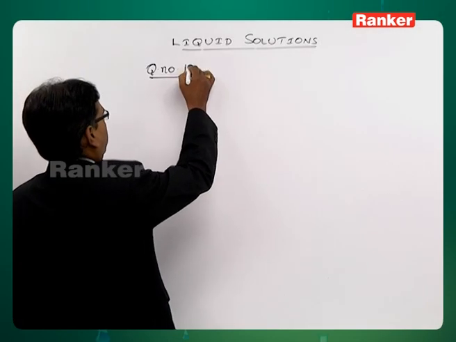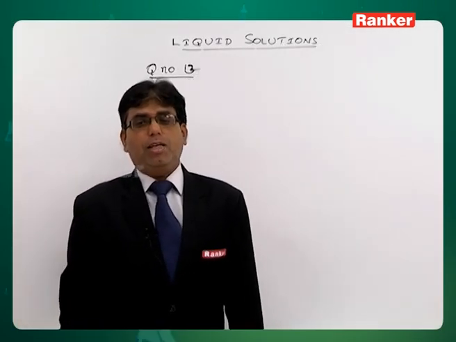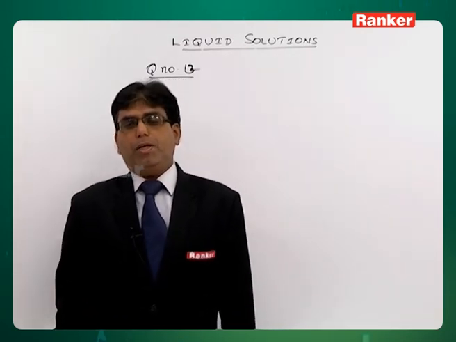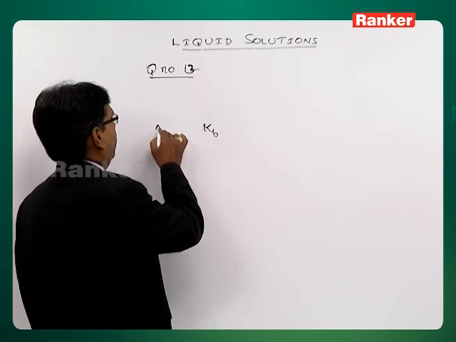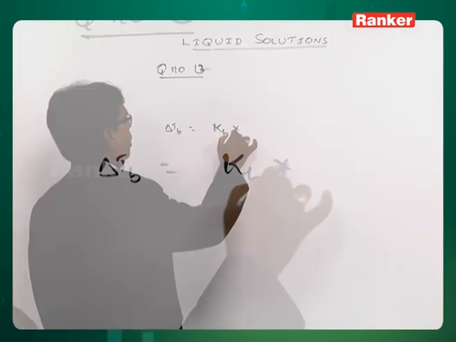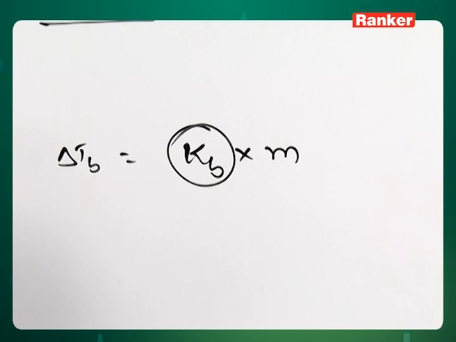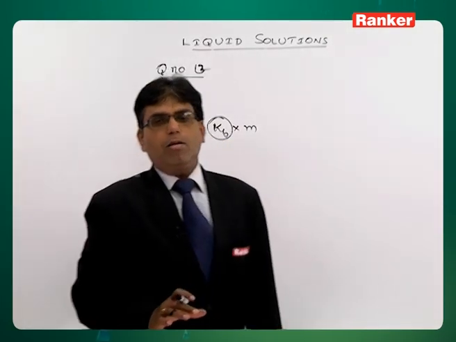In question number 13, camphor is used as a solvent to determine the molecular weight of a non-volatile solute by Rast method. What is the reason to use camphor as a solvent? The reason is the molal depression constant. Delta Tb is equal to Kb into molality. If the Kb is more, then we will get a large difference in the boiling point.